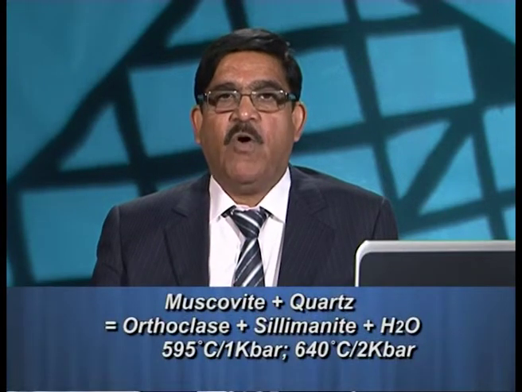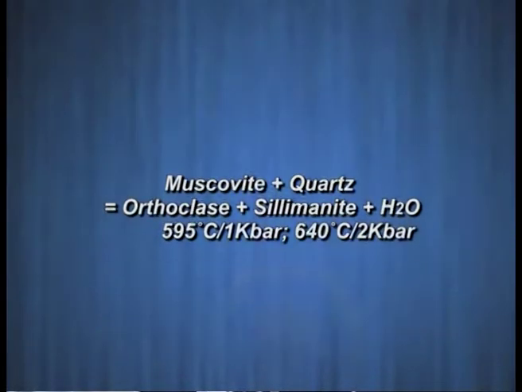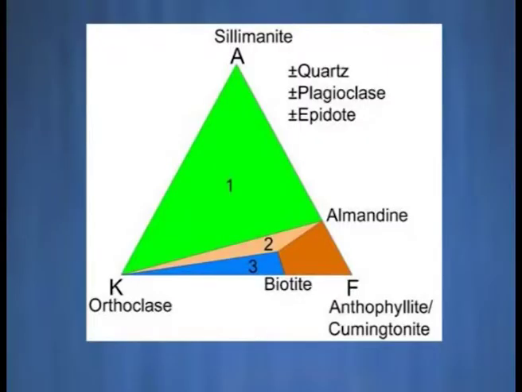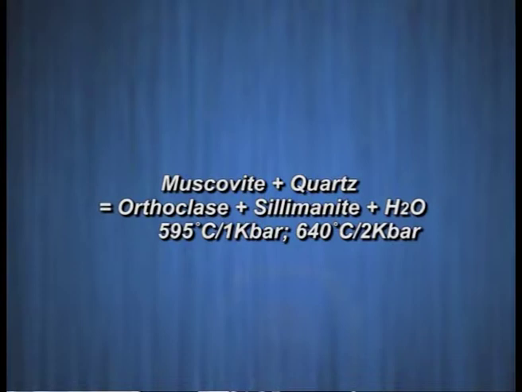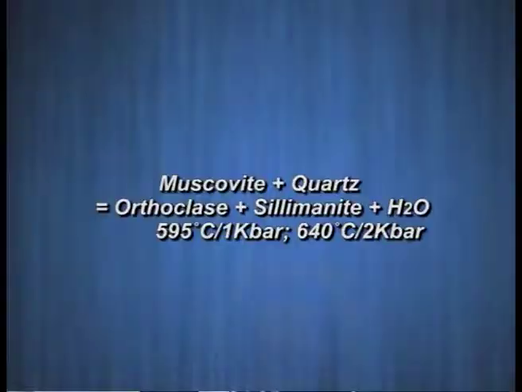Reaction number 10: muscovite plus quartz give rise to orthoclase plus sillimanite plus water, which occurs at 595 degree centigrade at 1 kilobar, 640 degree centigrade at 2 kilobar, by Day and Chatterjee 1974. With this reaction, sillimanite is much more common as compared to the preceding zones, and now it coexists with orthoclase.